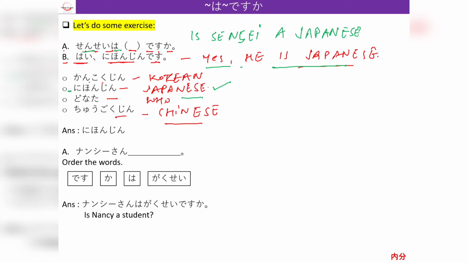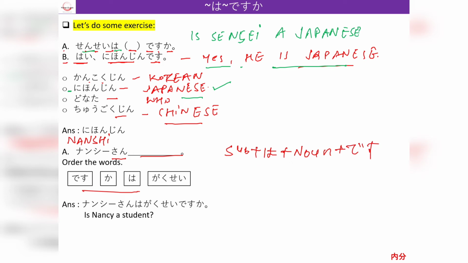Here it is written in katakana Nanshi, which is a name, san dash, and here we will have to rearrange this by using our pattern: subject plus wa plus noun plus desu ka. So now look at the options.